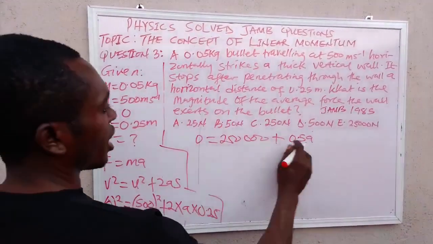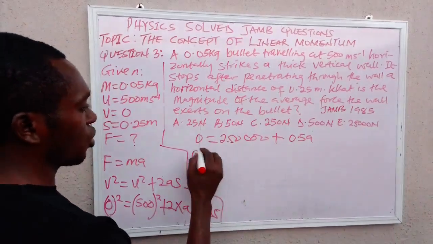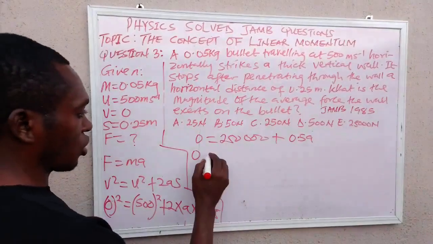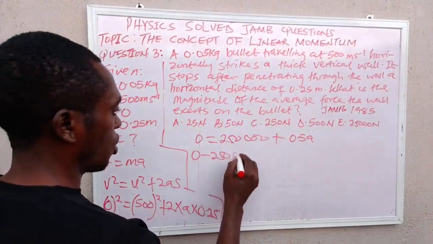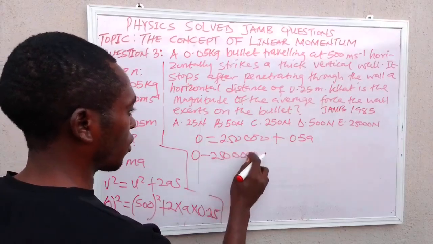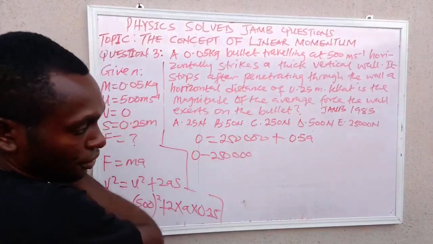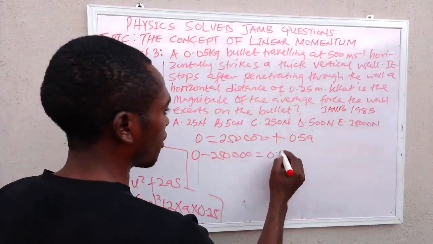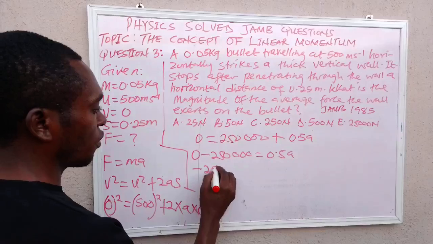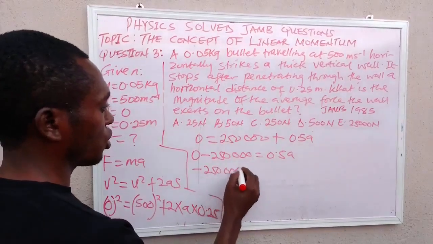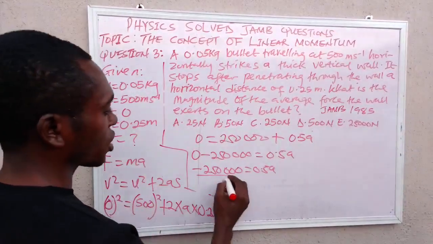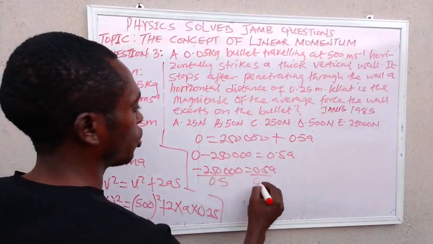So you collect like terms. That means 0 and 250,000 are like terms. So 250,000 moves over and becomes minus 250,000. So we have minus 250,000 equals 0.5a. Since we're looking for a, we divide both sides by 0.5.